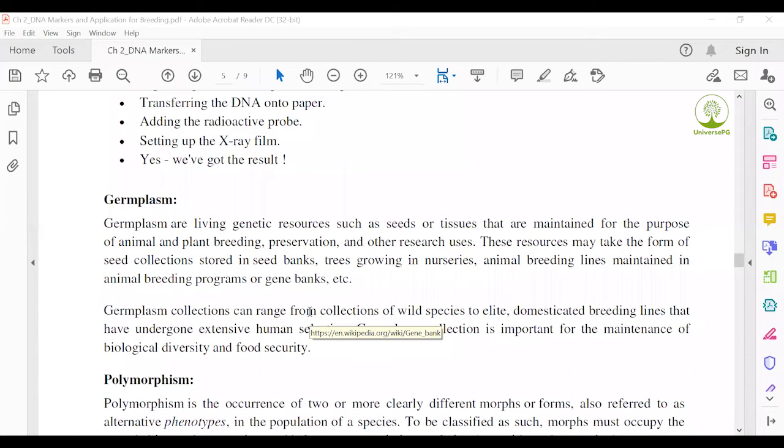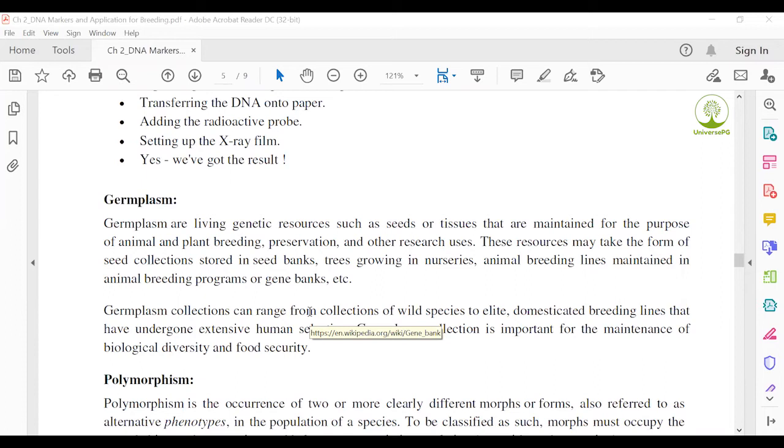Generally, during the micropropagation process, these types of storage, seeds or tissues or stock material, are used for easy propagation of new species by the micropropagation technique.